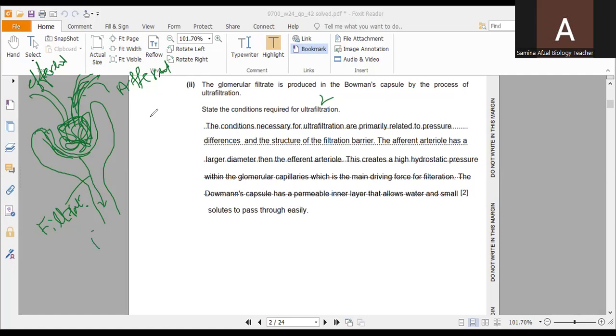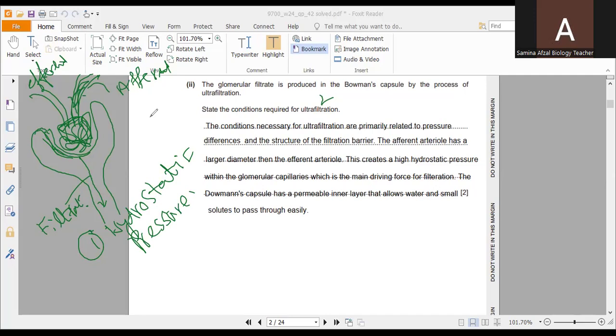It means first of all, the hydrostatic pressure. This is the first condition, because when the blood enters the nephron, there should be high blood pressure; if pressure is not there, ultrafiltration will not take place. So the first condition which should be fulfilled is the hydrostatic pressure.